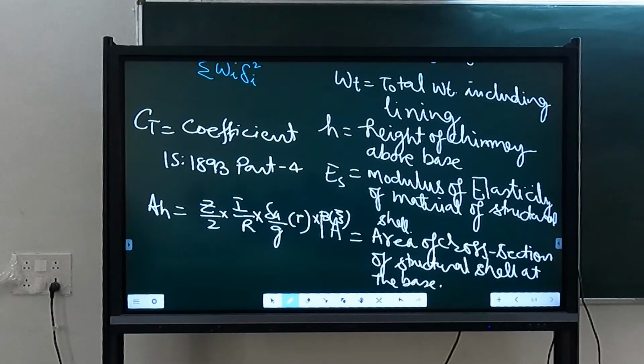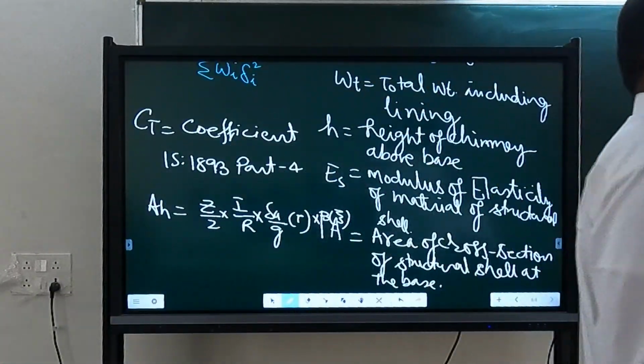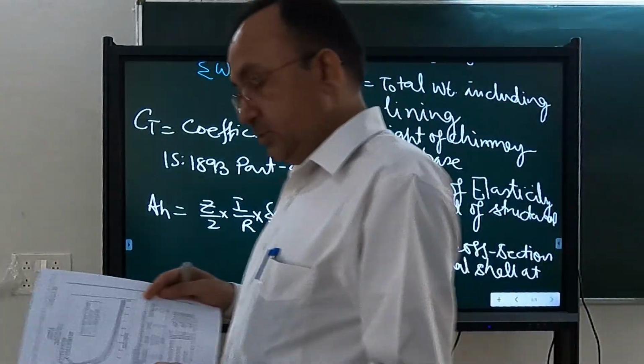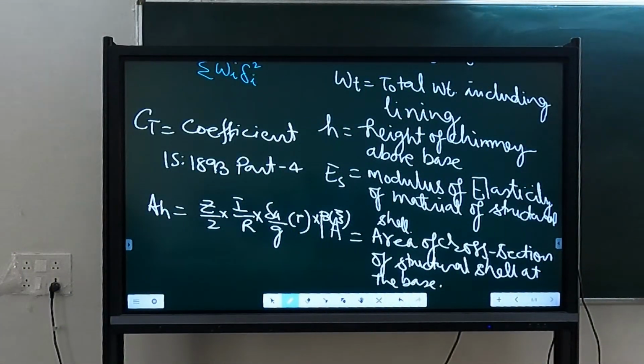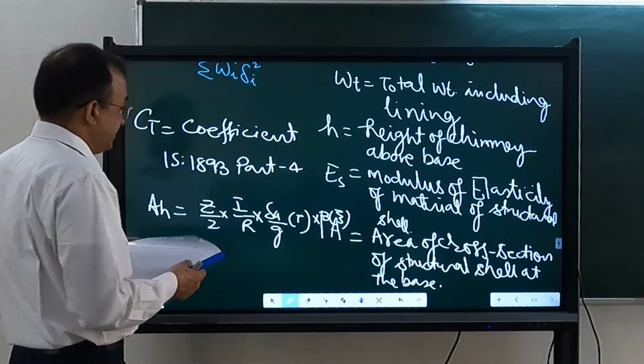You will get close, but there may be difference. And that Euro code formula is only for damping higher than 5%. For lower than 5%, it is different. So this table gives you the complete range from 0 damping to 30%. Okay, so you can calculate H like this.